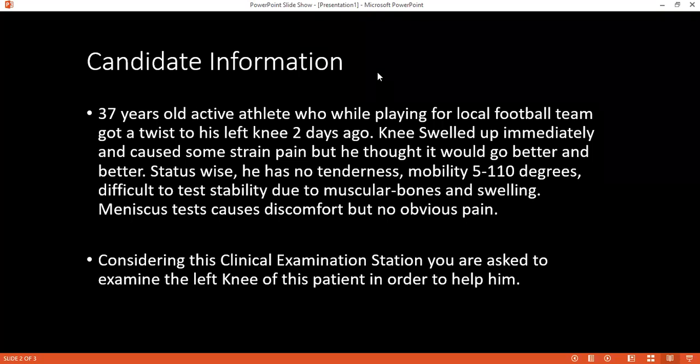Right. If you have read and understood, kindly begin your clinical examination station. You have 6 minutes.